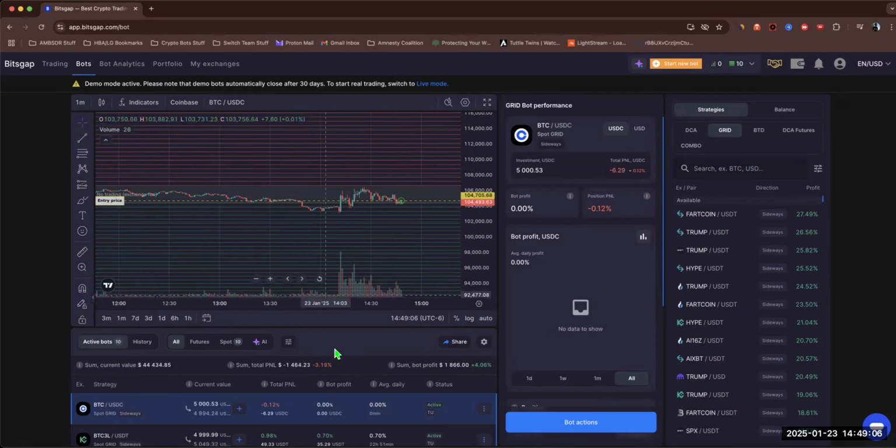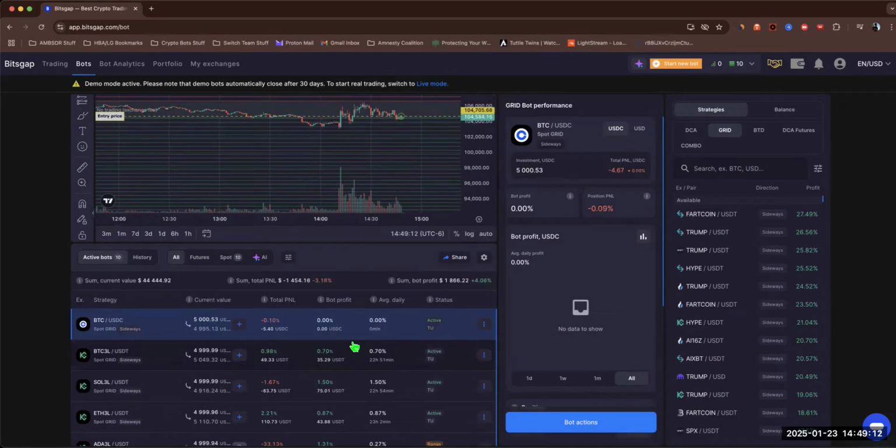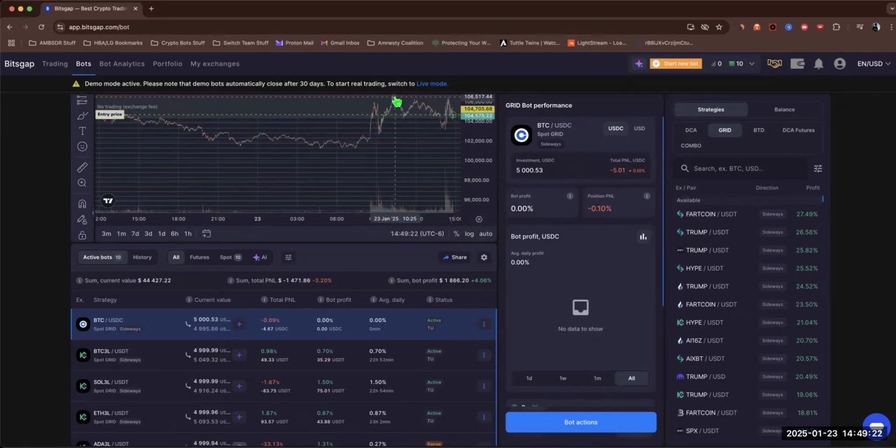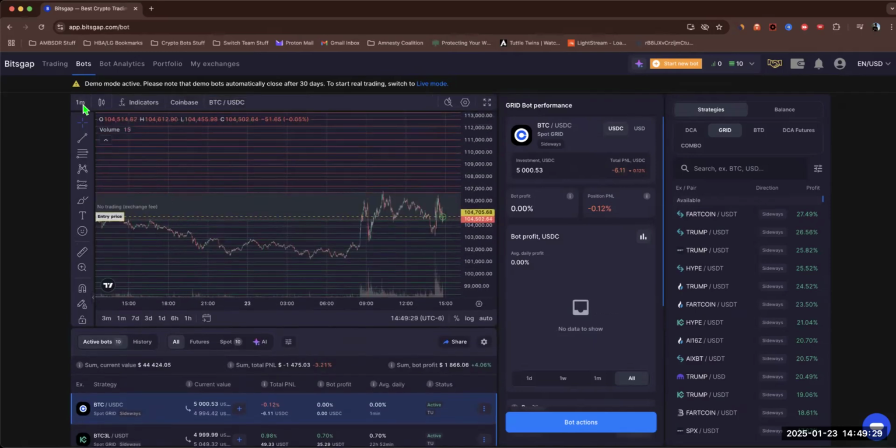It's kind of fun to do when you get a volatile weekend, especially like last weekend when Trump put out his coin and we had a jolt up in Bitcoin to 108, 109.